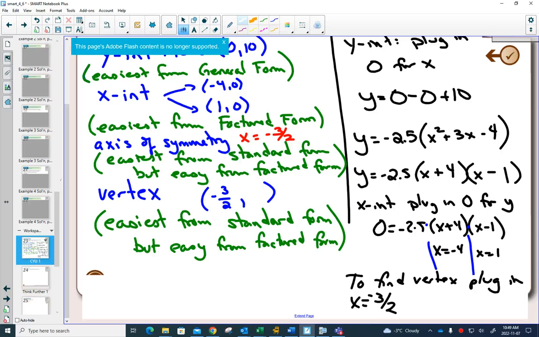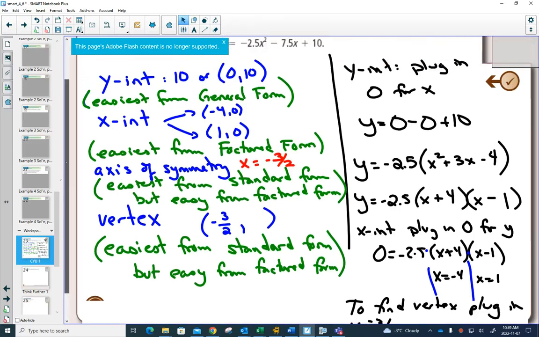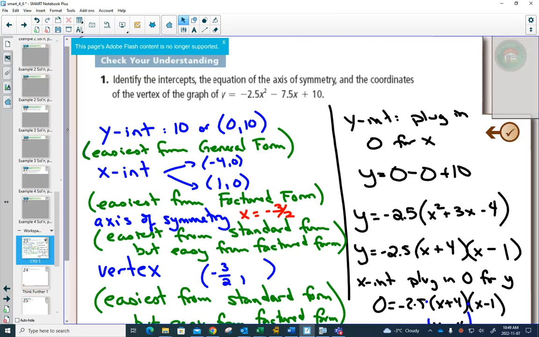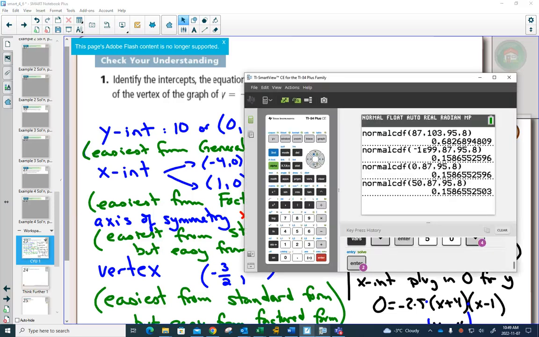And you could plug that -1.5 or that -3/2 either into x here, or even probably be easiest to plug it into the general form because there's less things that you can do there. So I'm going to go to my calculator. I'm going to go -2.5. Bracket.